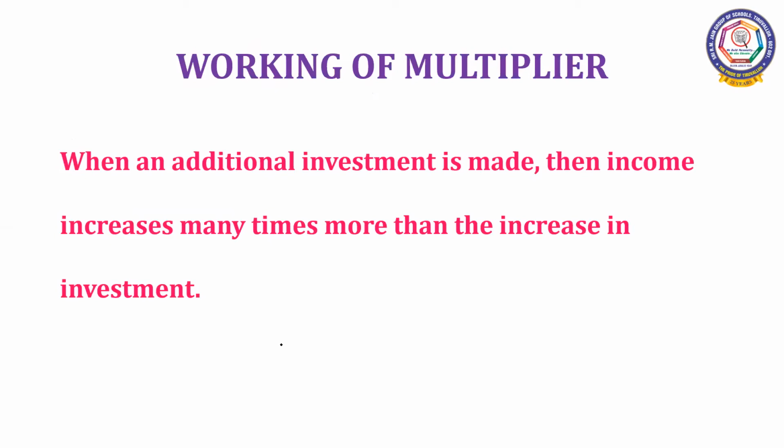Now coming to the working of multiplier. When an additional investment is made, then income increases many times more than the increase in investment. If investment increases by 10 crores, it means delta I is 10 crores, and as a result, income increases by 60 crores.